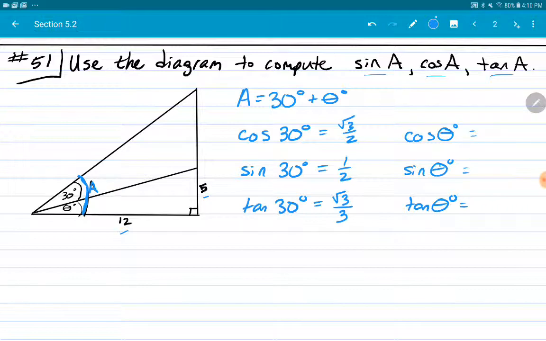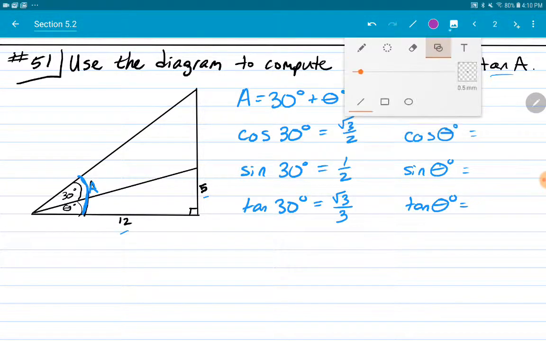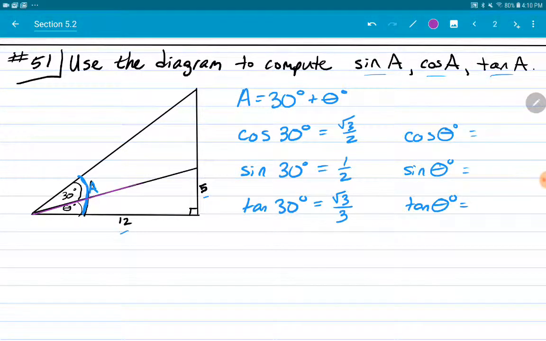So what we're looking for here is this purple triangle, which gives me the trig functions associated to that small angle. And I have the 5 and the 12 that correspond to it. So these three numbers I can get from that purple triangle.